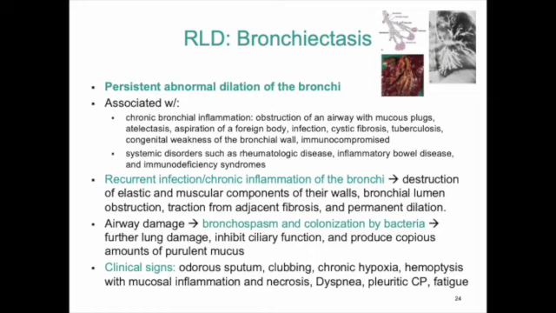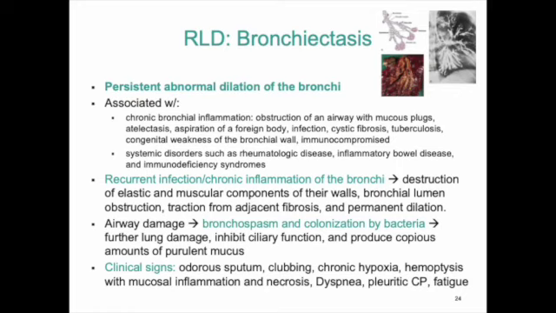A patient with bronchiectasis usually has a recurrent infection or chronic inflammation in the bronchi, and this is going to lead to an obstruction of the elastic and muscular components of the walls of the bronchial area, and the bronchial lumen now becomes obstructed. We might even have traction from adjacent fibrosis, causing permanent dilation.